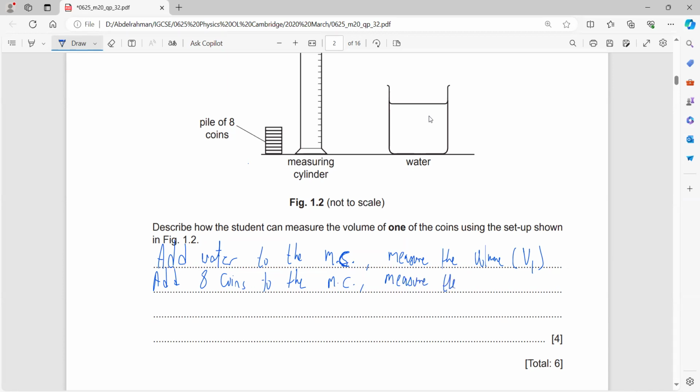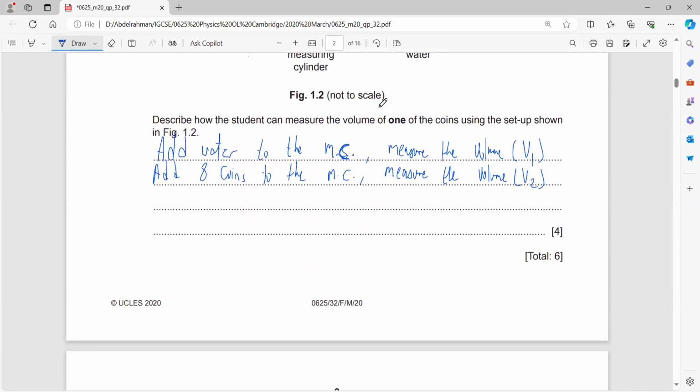Measure the new volume 2, which is the volume of the water and the coins. The volume of the coins equals V2 minus V1.